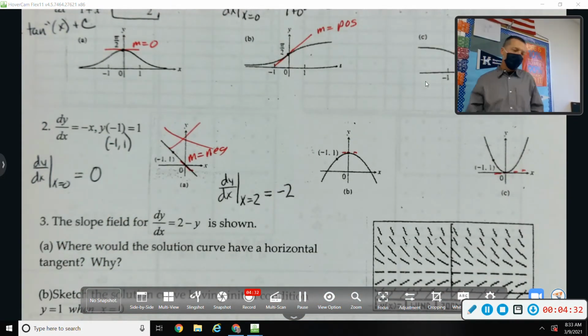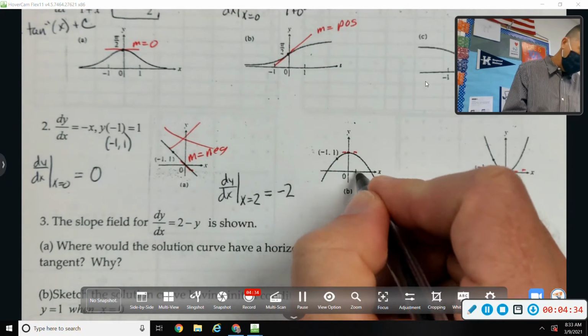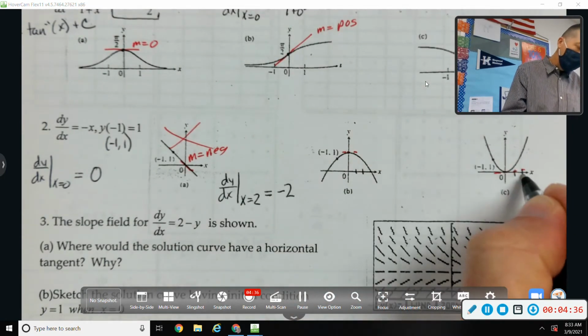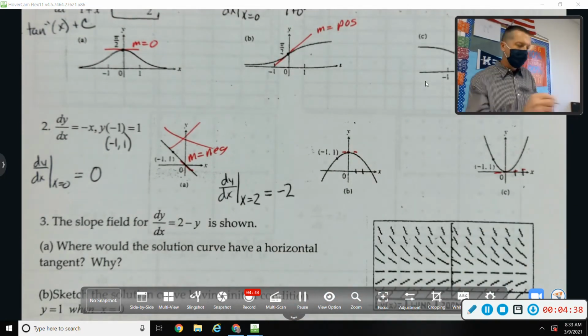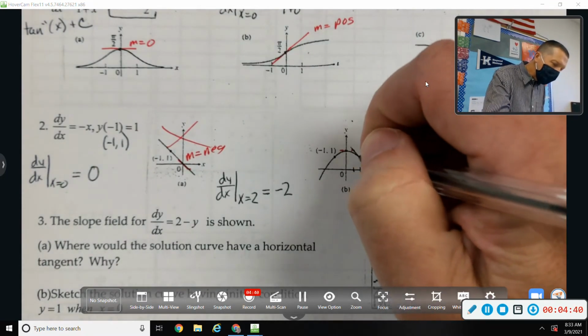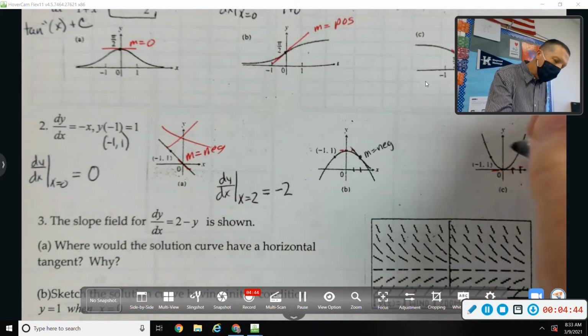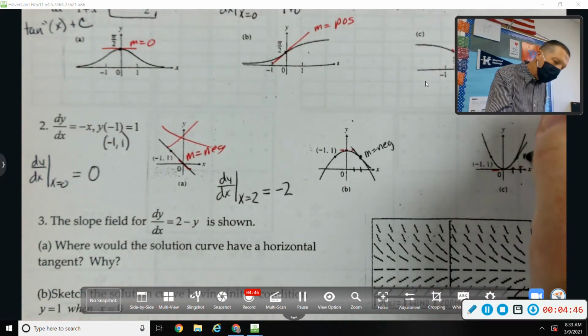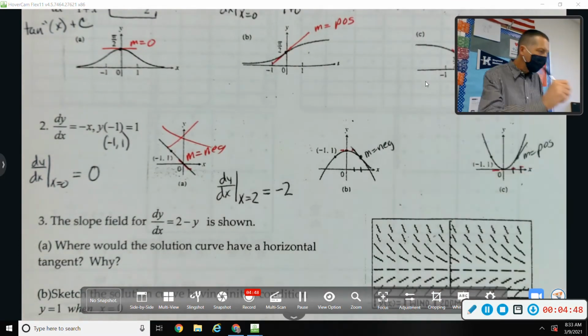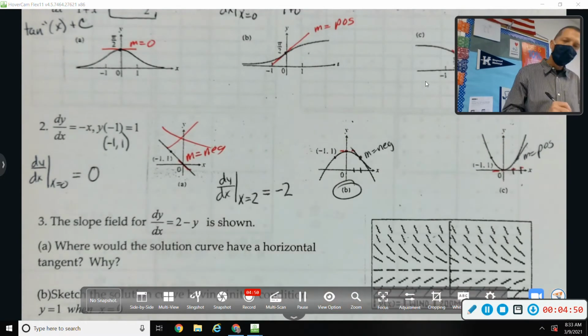I don't even know exactly where 2 is on this graph, but I do know that this one has a negative slope, and this one has a positive slope. So it's got to be graph B.